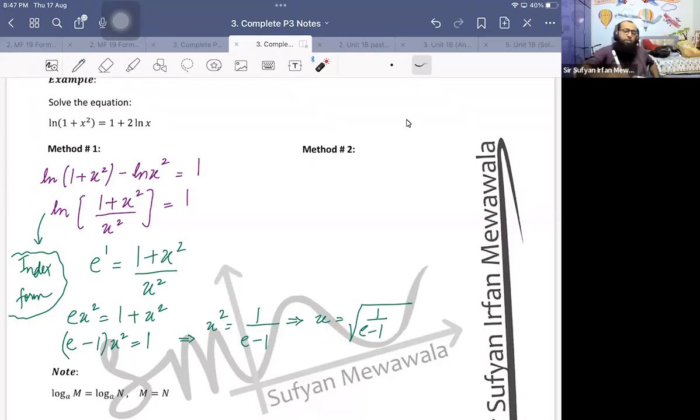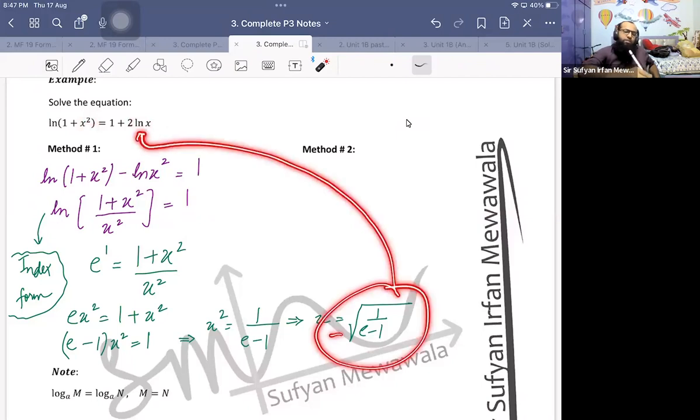Why? Because I know that if I'm going to take a negative number over here, if x is a negative number, then the original log won't be defined. For x square it won't make any difference, this will be defined. But if a negative value gets substituted over here, then this x has to be positive. Log of y with a base of a. This y has to be positive.